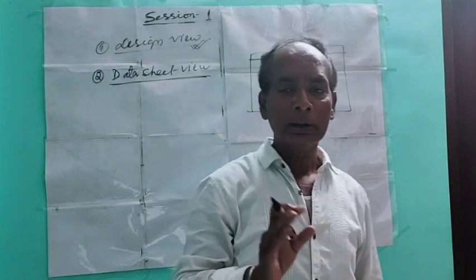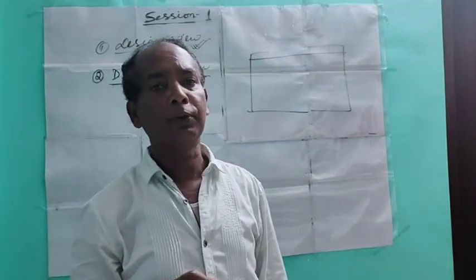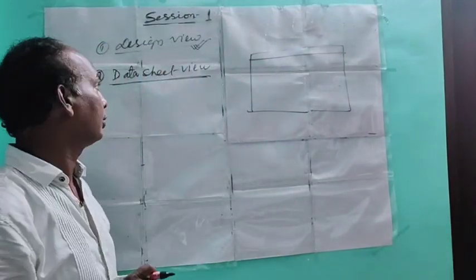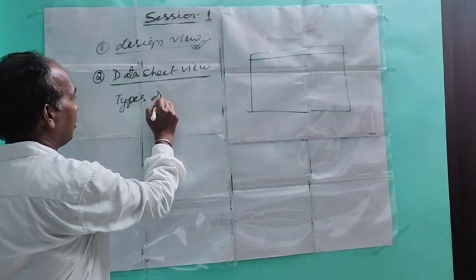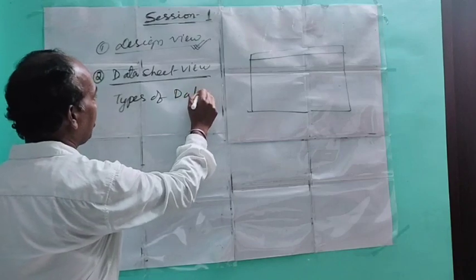Okay, so there are different types of data used in datasheet view. What are they?